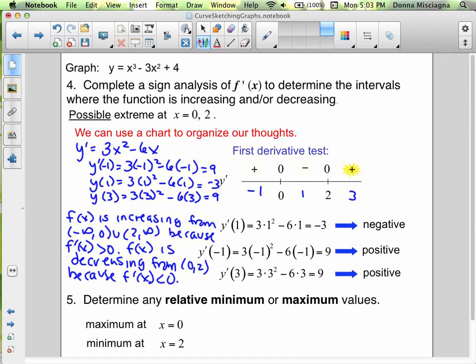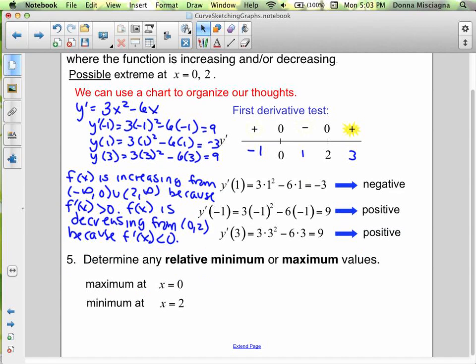Determine relative max and min values, right? So we can use the first derivative test or we can use the second derivative test, right? So using the first derivative test, let's see, give myself a little bit more space.